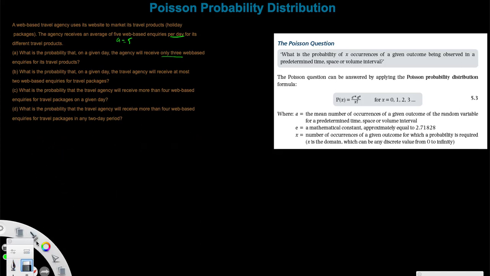So for the first one, we are looking for the probability of x equal to 3, when we know that a is equal to 5. All right.